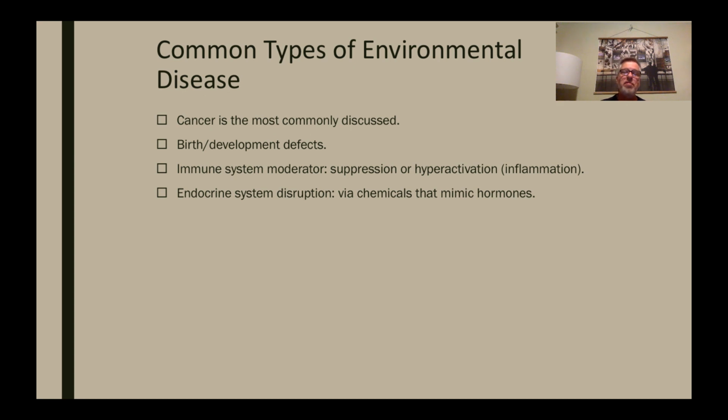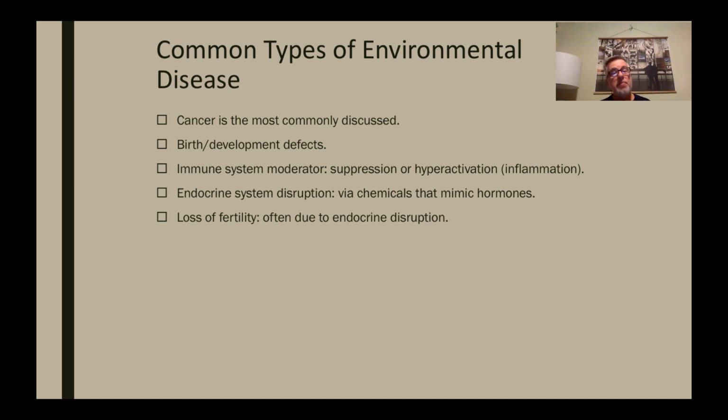You may remember from biology that the endocrine system consists of chemical messengers called hormones, and hormones act at very low concentrations to send messages from one part of the body to another. So if a pollutant mimics a hormone or affects the level of a hormone in your body, you can have a lot of health issues arise from that.